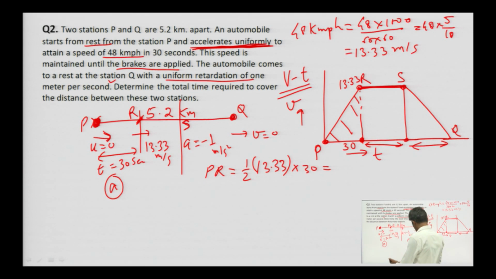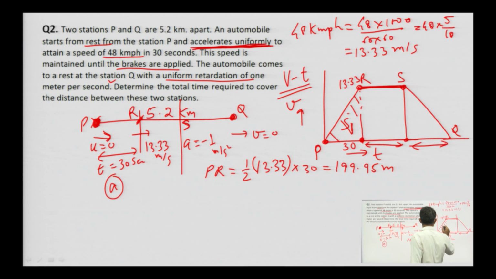What is that value? 13.33 into 15. So, it is coming 199.95 meter, approximately 200, this one distance.